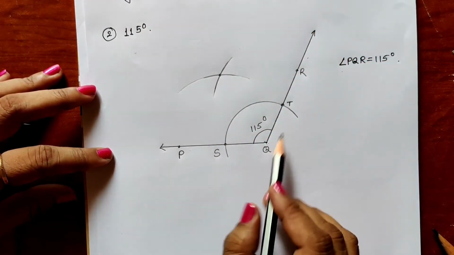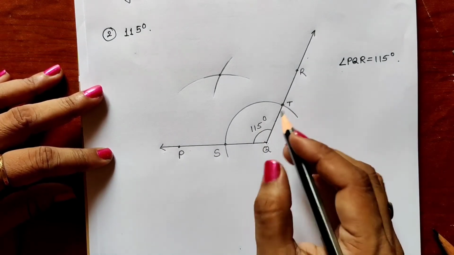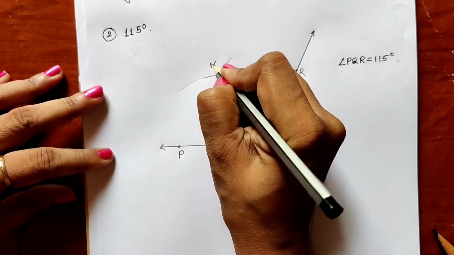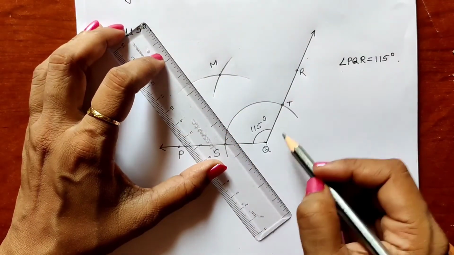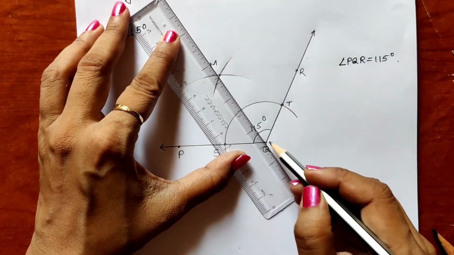We have written P, Q, R, S, T. So I will put a point M over here. Now I will join this point M with Q to draw the angle bisector.